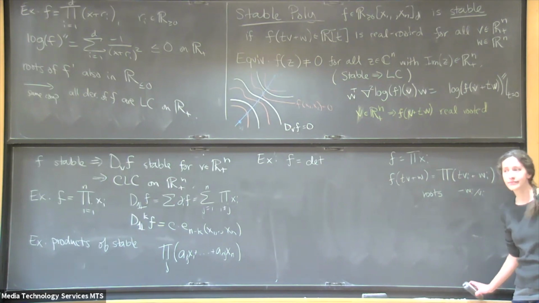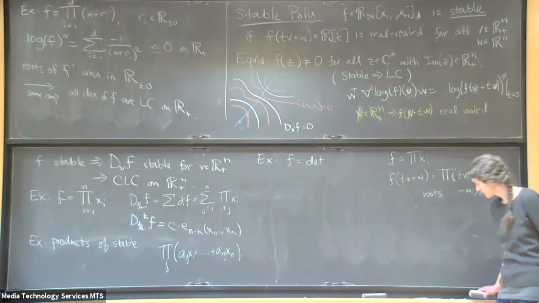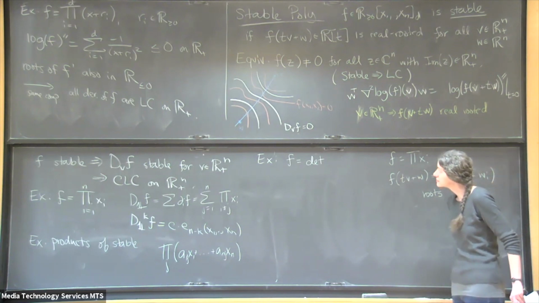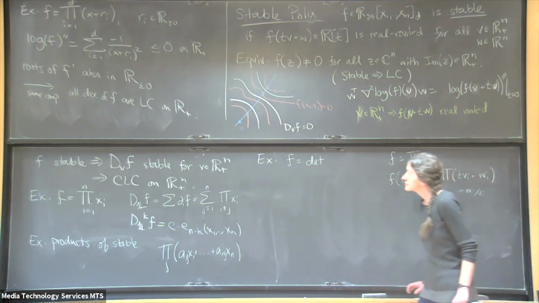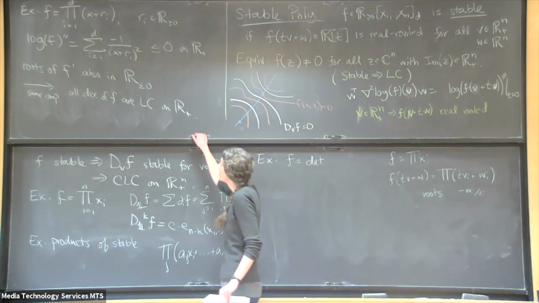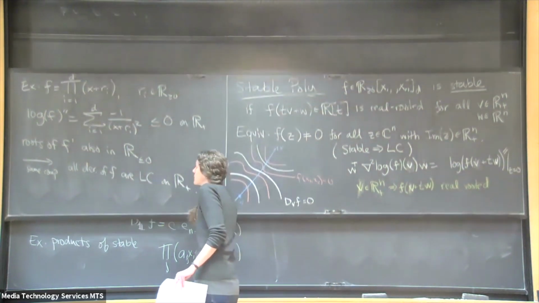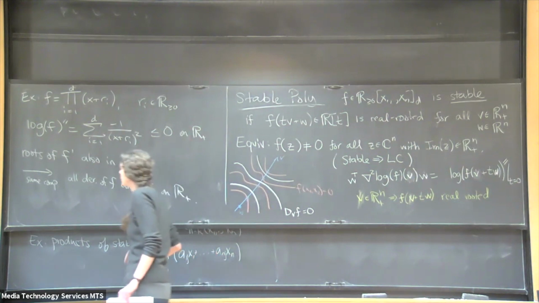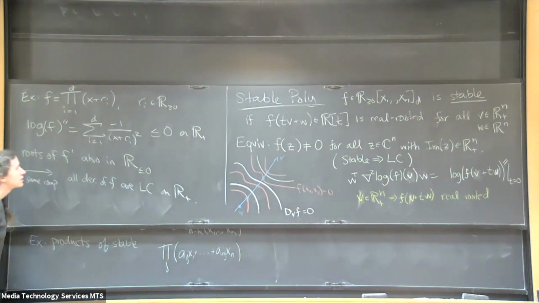So in the example above, you didn't really need the roots to be non-negative or non-positive. Right, the denominator is positive anyway. Yeah, anywhere f is positive, this will be true.